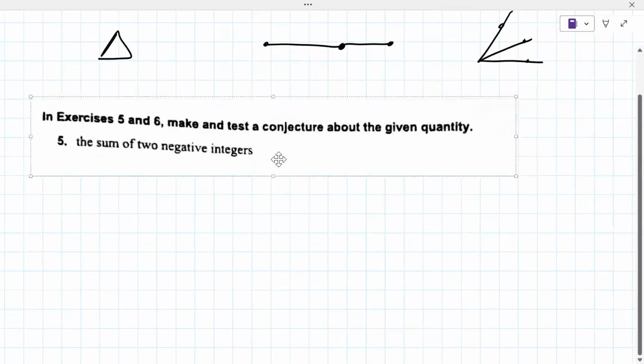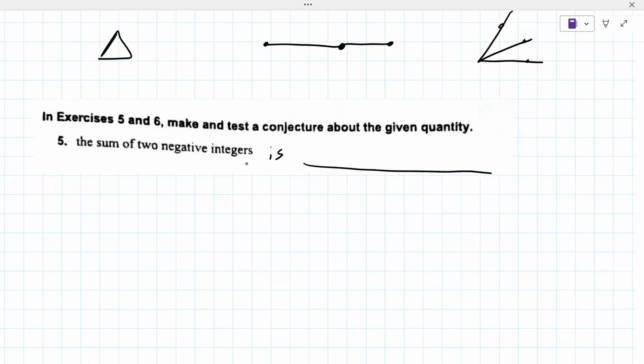It says in exercises 5 and 6, make and test a conjecture about the given quantity. So you're supposed to provide an answer to the sum of two negative integers is, like a fill in the blank.